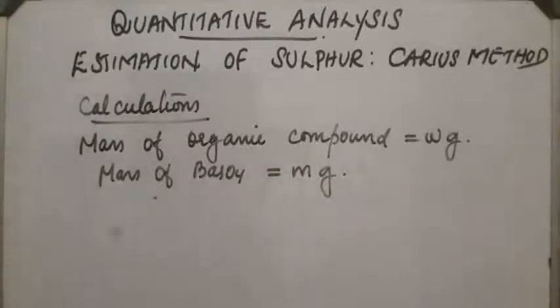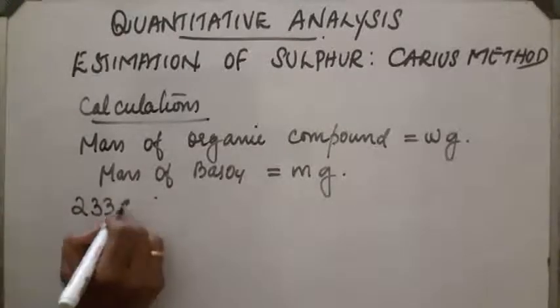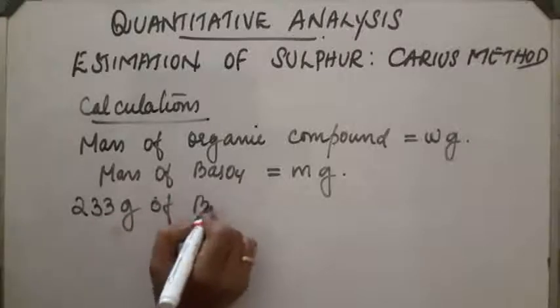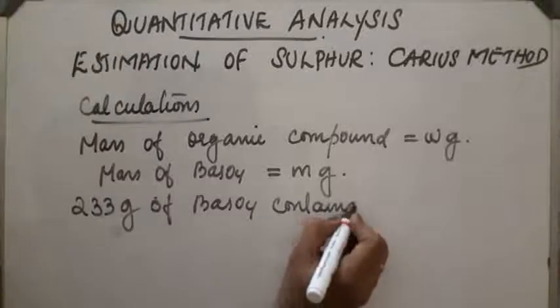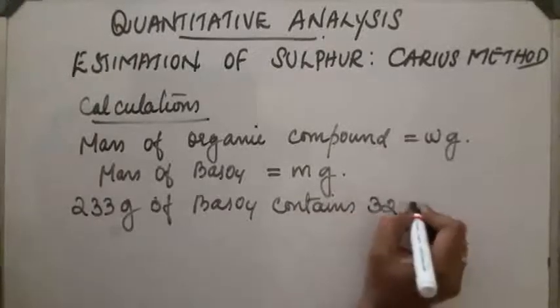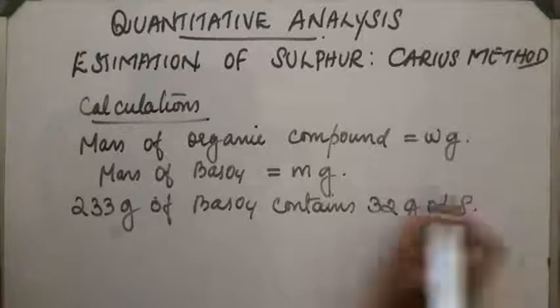Now the molecular mass of barium sulfate is 233. So 233 gram of BaSO4 contains 32 gram of sulfur.